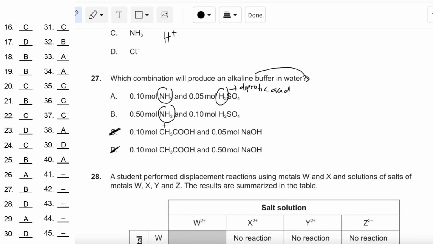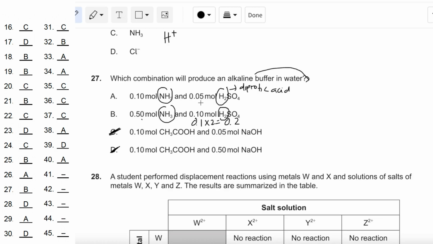But what if you have only 0.1 mole H2SO4? Because it's a diprotic acid, the H plus will be 0.1 times 2, 0.2, and here is 0.5.